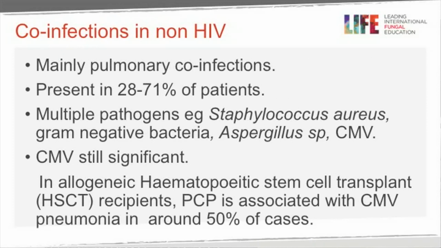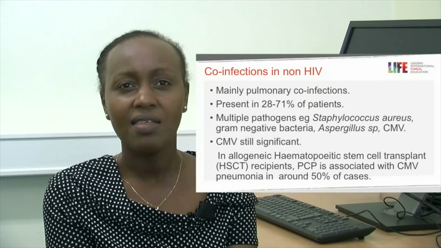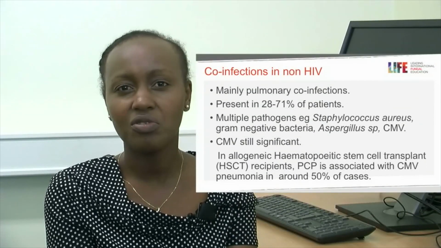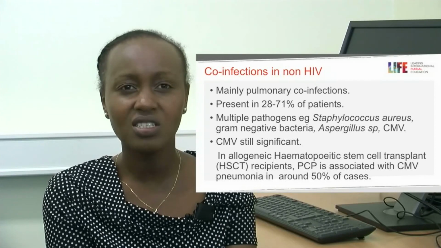Now, in the non-HIV infected, similar to the HIV infected, you also have mainly pulmonary co-infections, and these have been found to be present in from 1/4 to 3/4 of the patients.